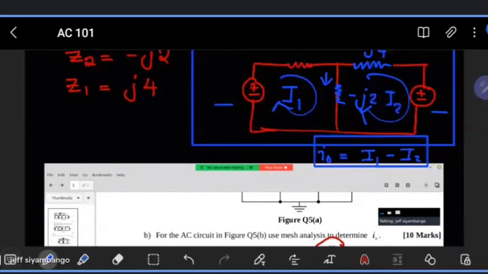But just get one thing. What you're going to get here, it's not a value. You're not going to have an exact number to say IO is 2 amps. You're going to have an expression for IO. Okay. Any questions?